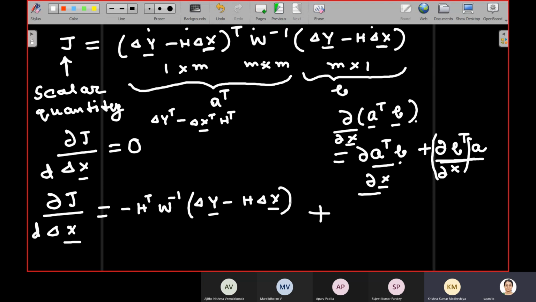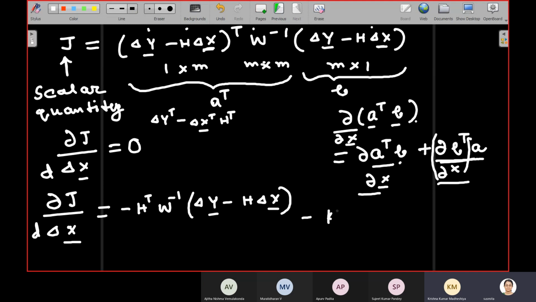Right? How about the second term? What will happen to the second term? You have to do B transpose. So B transpose means you get the same thing as before.